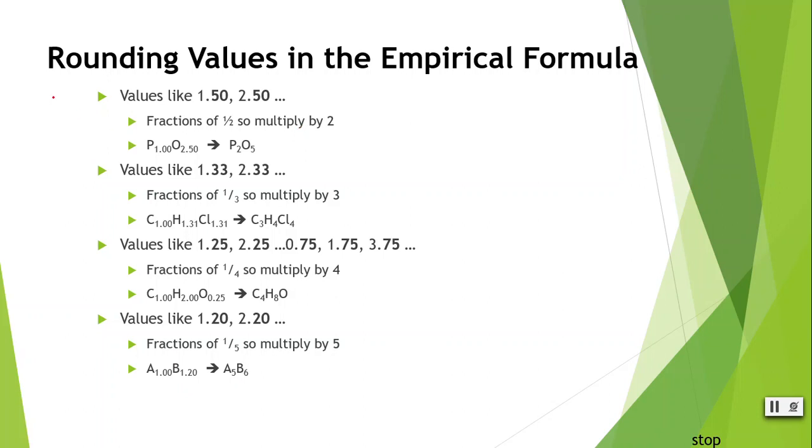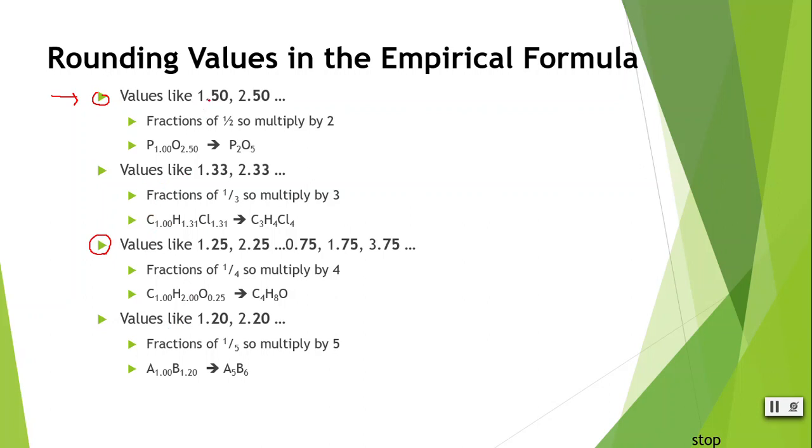So what values can you not round to a whole number? The ones that are most commonly seen, I think, in problems that we do in this course are probably this first category and this third category. Although you could sometimes also see second and third.